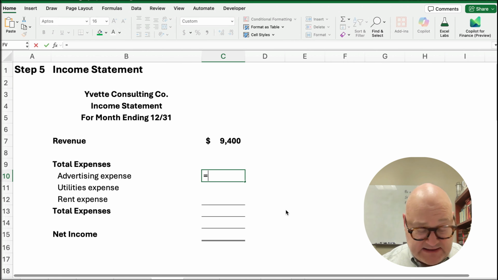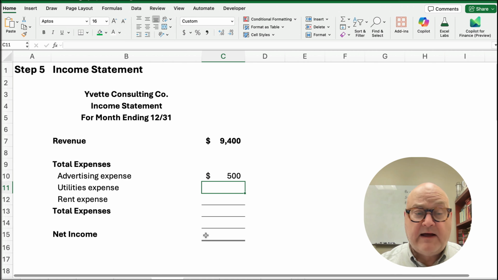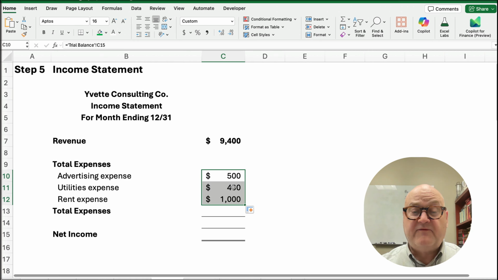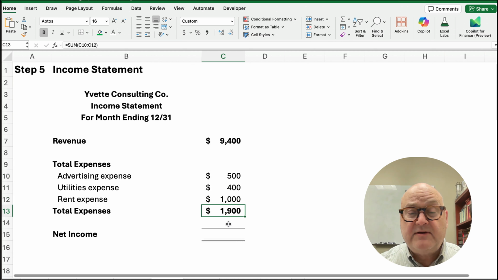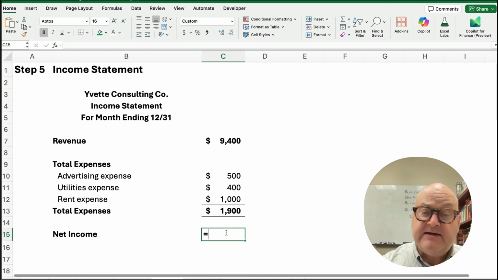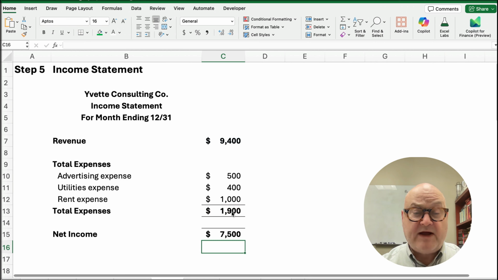Our advertising expense is going to be $500. Our utilities expense and rent expense are going to be $400 and $1,000. So what's our total expense? Our total expense is $1,900. So to get net income, we're going to take the $9,400 minus the $1,900, and we have net income of $7,500.